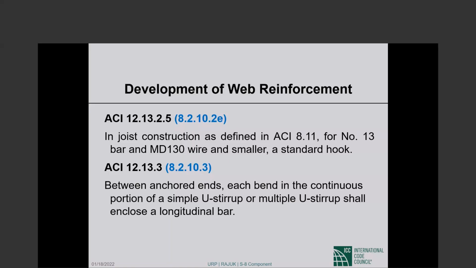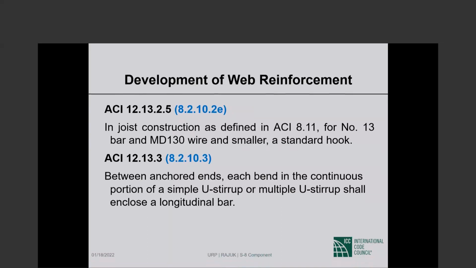Now we are saying that when it makes these bends, around the bottom bar and then again around the bottom bar, there needs to be bars at those locations. So you should not bend a stirrup and not have the bend supported by a longitudinal bar. So between anchored ends, each bend in the continuous portion of a simple U stirrup or multiple U stirrup shall enclose a longitudinal bar.